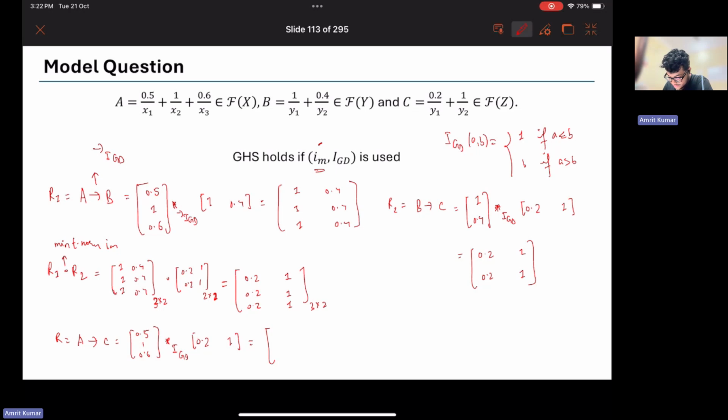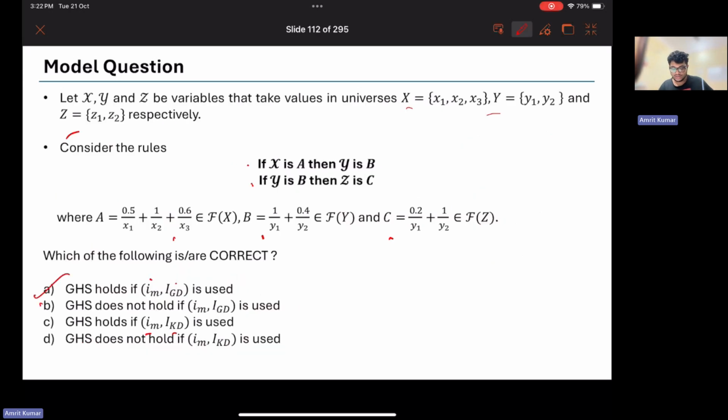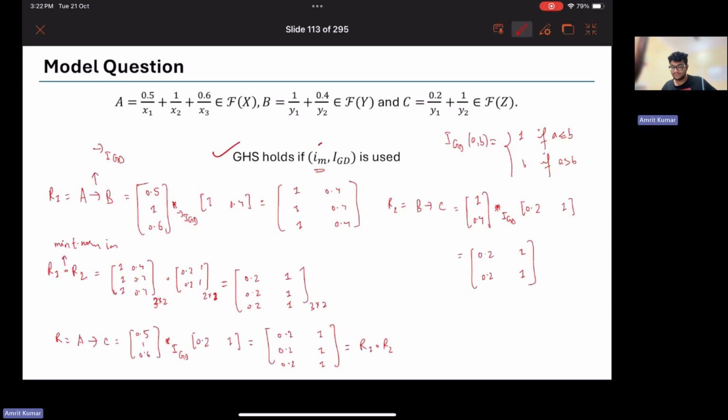So 0.5 less than, so this is 0.2, this is 1, this is 0.2, this is 1, this is 0.2 again, because 0.6 is strictly greater than 0.2, and this is 1 again. And this happens to be equal to R1 plus R2. So therefore, GHS holds if we use the minimum T-norm and the Gödel implication. So option A is correct and option B is incorrect.